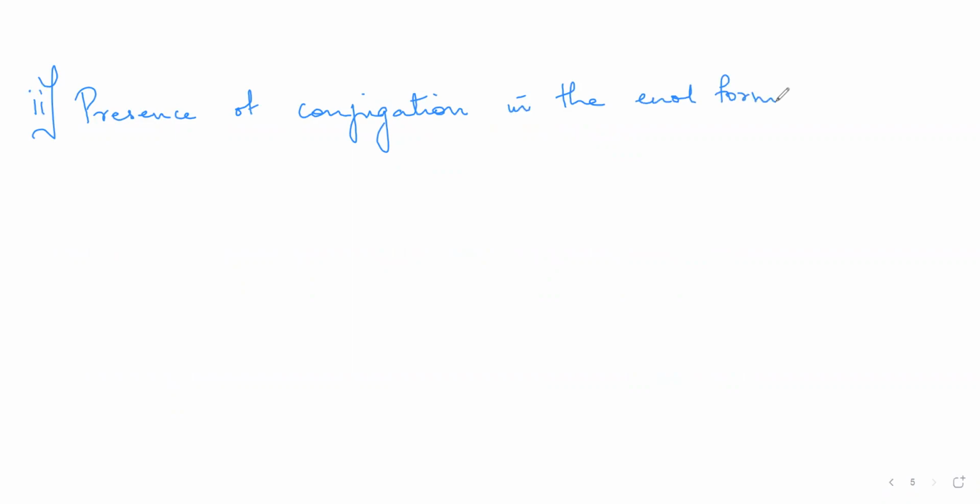Next is presence of conjugation in the enol form. Now, what do I mean by that? Say, for example, I take this compound.